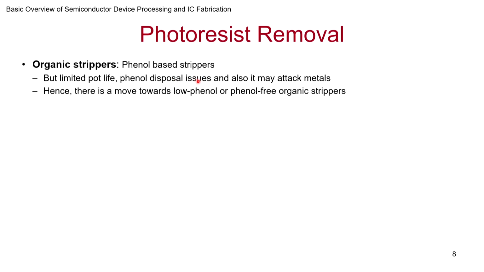Remember that we don't want to contaminate the environment in the process of doing our semiconductor processing. So we have to be careful how we dispose all these after it removes the photoresist. So it becomes a problem. And also these sometimes can attack metal patterns that may be there. So you want to avoid it. Hence there is a move towards low phenol and phenol free organic strippers, which are also available nowadays.